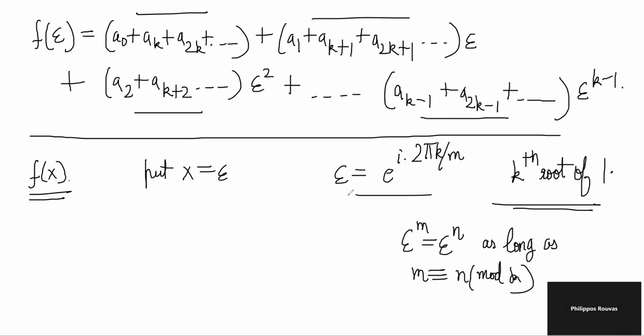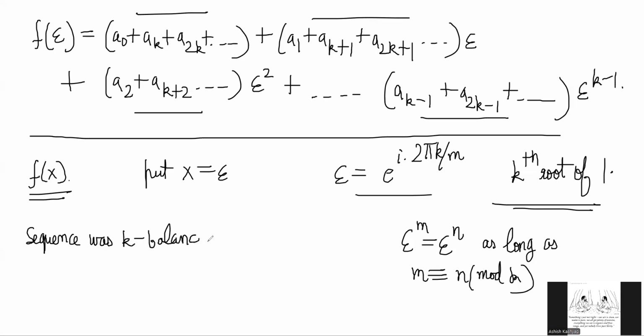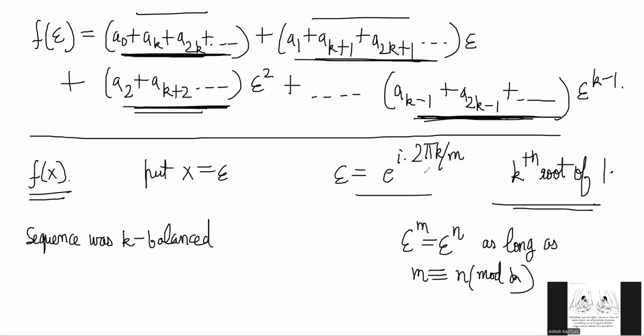Okay. So now the problem itself gives you what? The problem says that the sequence was k balanced, which means that actually this summation is equal to this, and is equal to this. All of these brackets were equal to each other according to the problem.